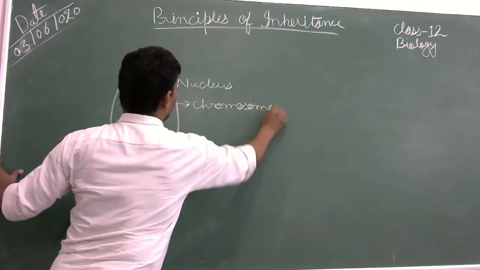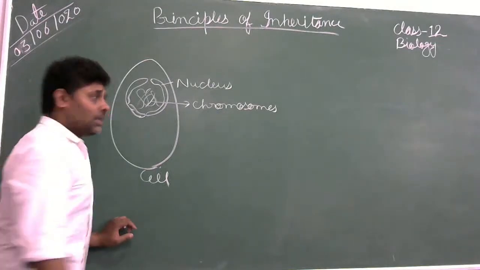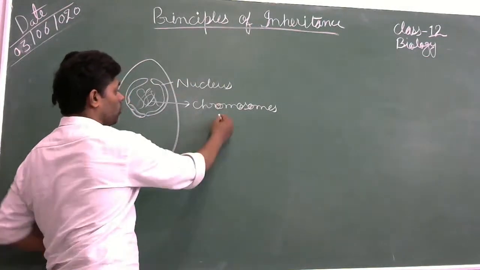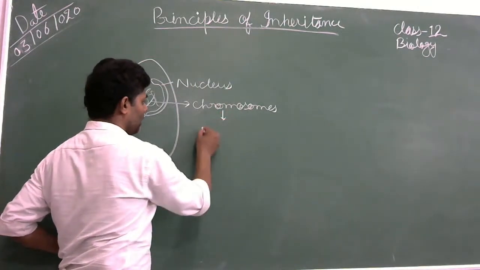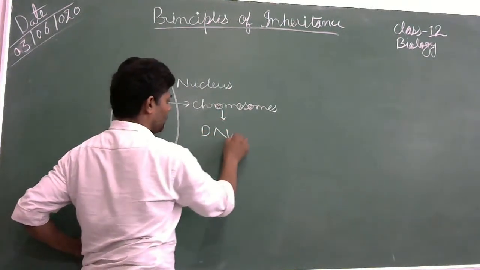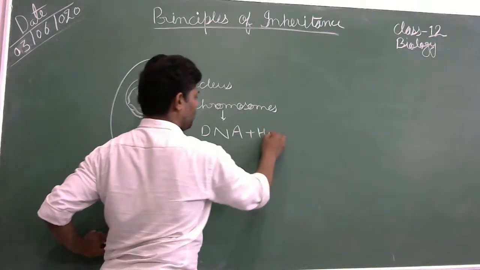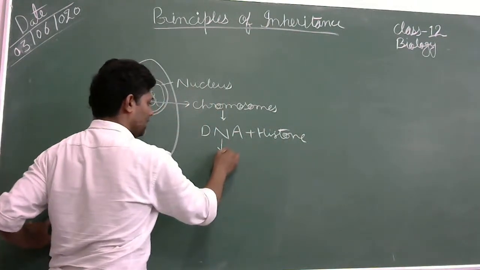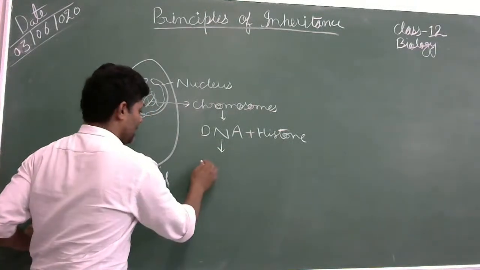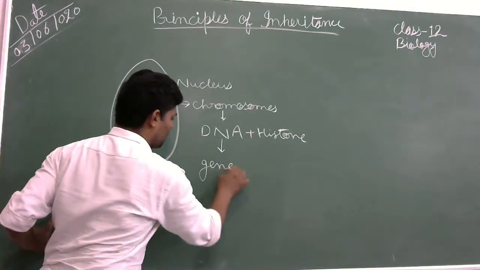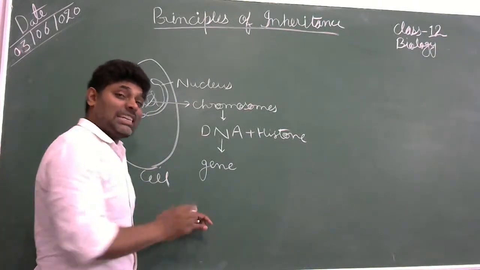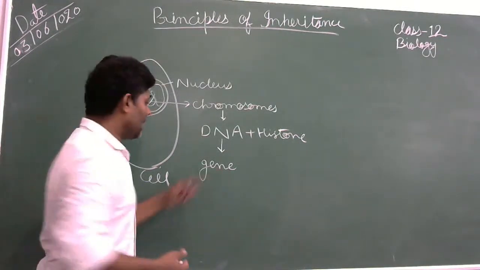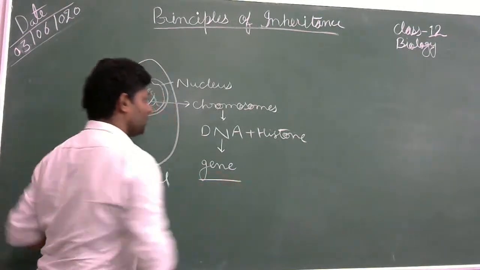Here are the chromosomes, right? And these chromosomes contain the DNA and the histone protein. This DNA contains so many small stretches which are functional and that are termed as genes.